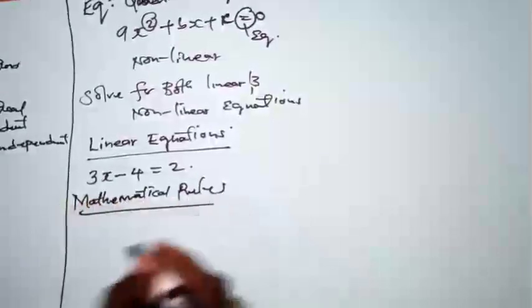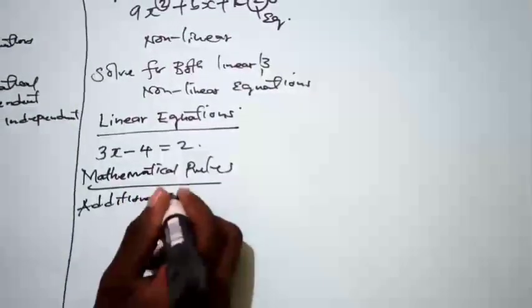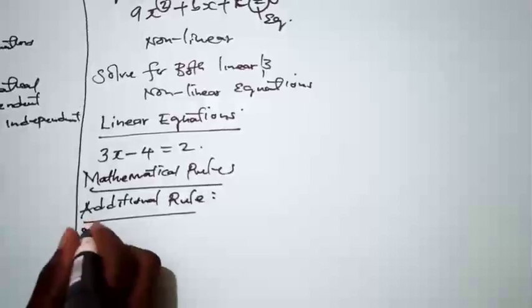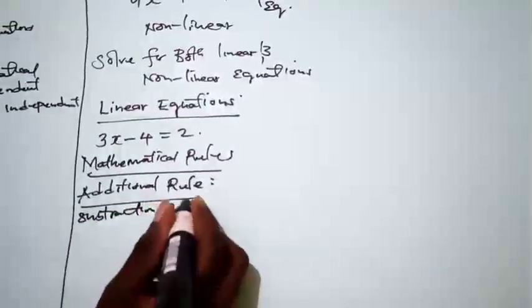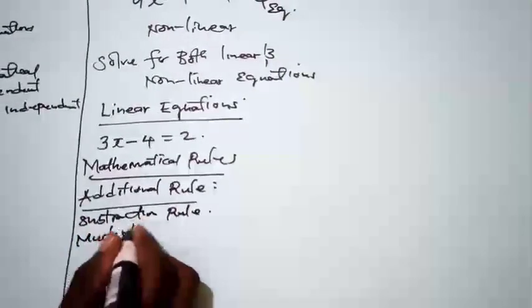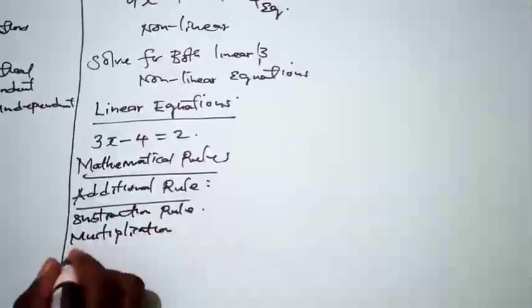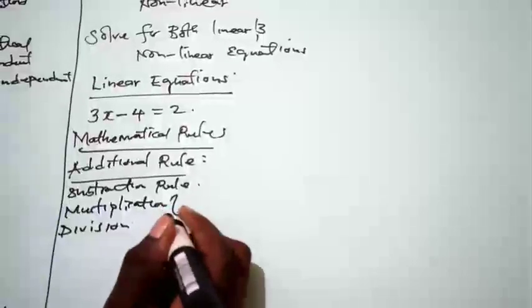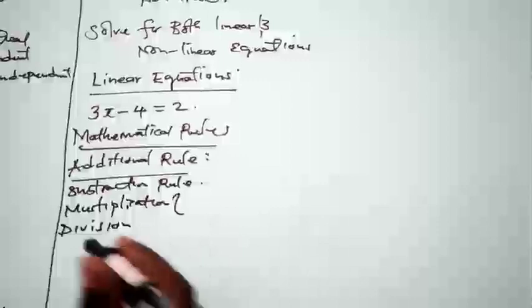We have the addition rule, the subtraction rule, the multiplication rule, and the division rule. All these rules are so important for us to solve for equations, linear and nonlinear equations.